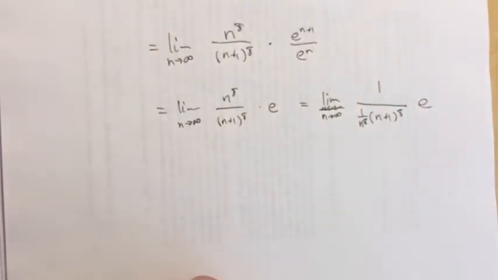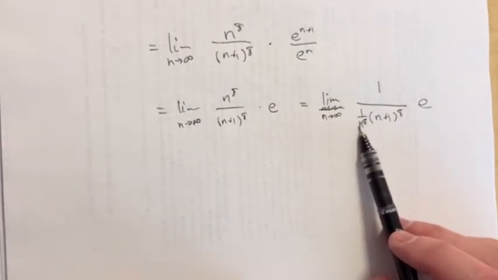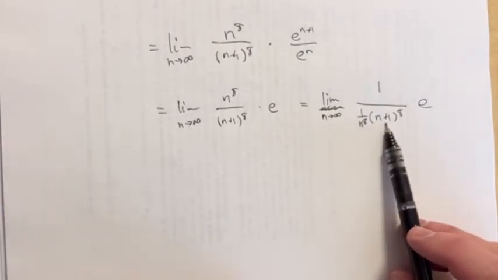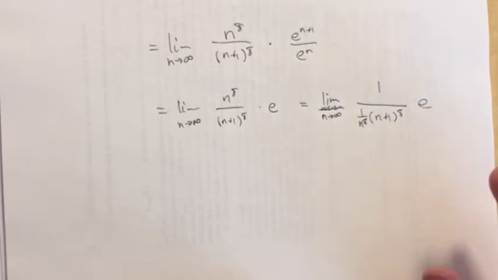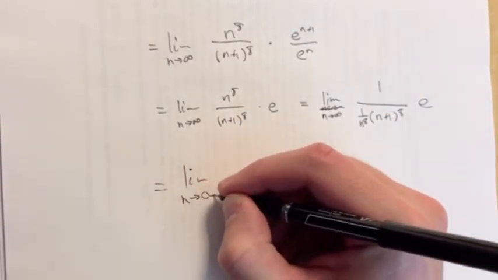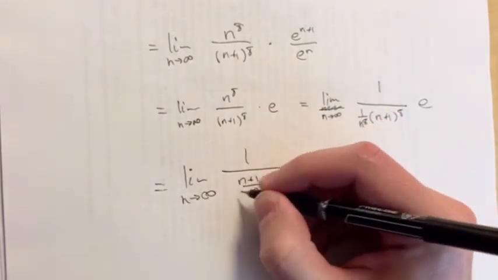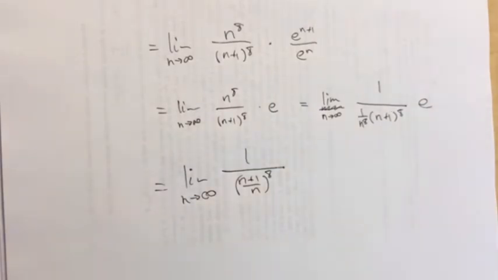What you can do here is shove this n to the 8 inside the parentheses, and it becomes an n, similar to when you pull a number into or out of a square root sign. Here I'm pushing n to the 8 inside of the 8th power, and it becomes just n. So this is the same as 1 over n plus 1 over n to the 8, isn't it?